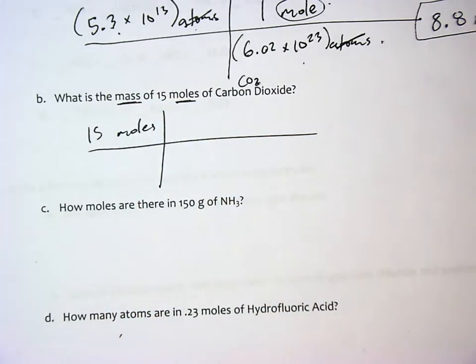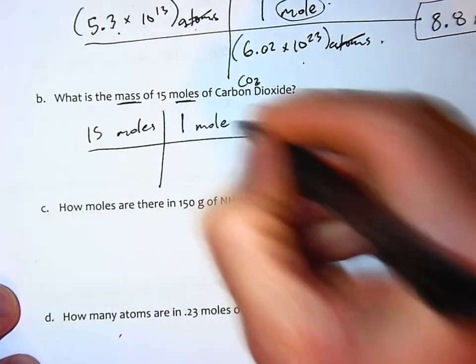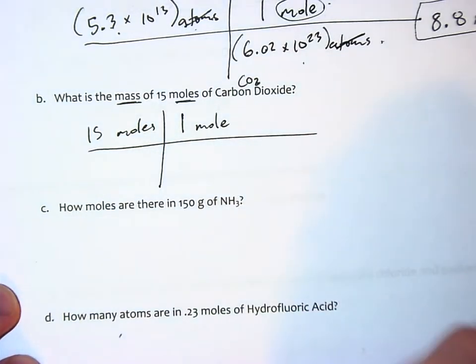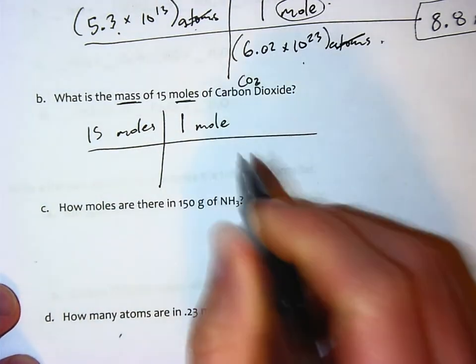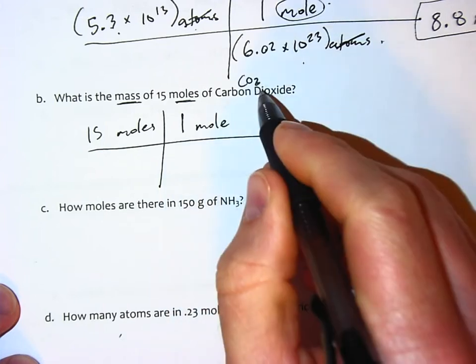I know that any 1 mole is going to be the molar mass of the compound. So what I need to do is find the molar mass of CO2.